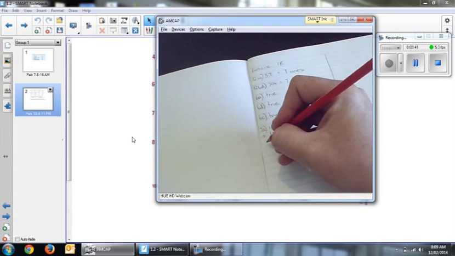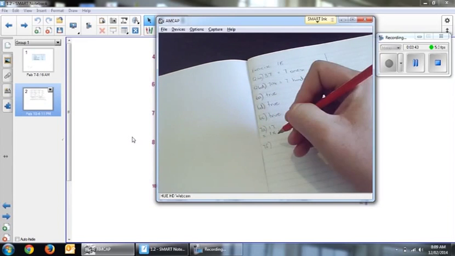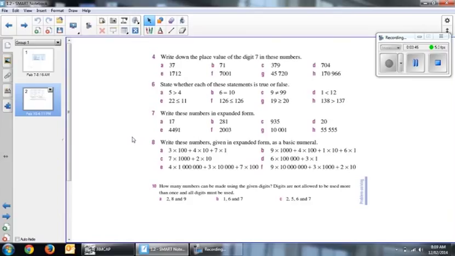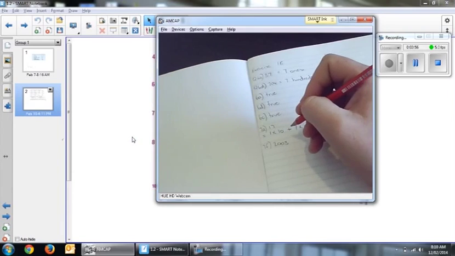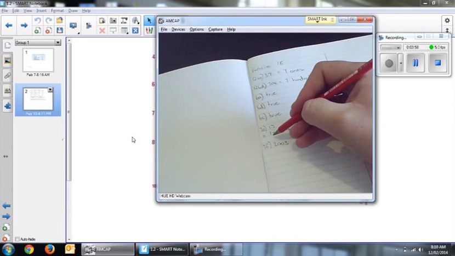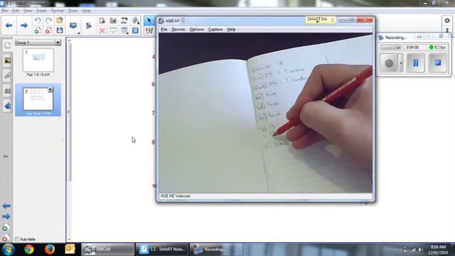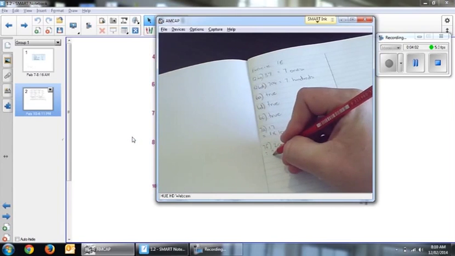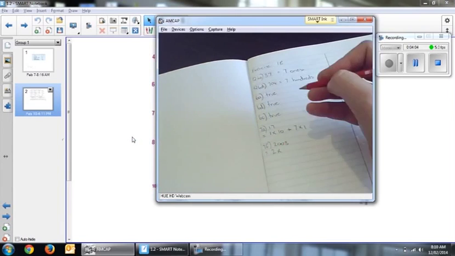Let's have a look at another one of those. Let's look at 7f. Our number is 2003. Once again, we need to look at the very first number and what its value is, so 2, and we multiply it by its place value.